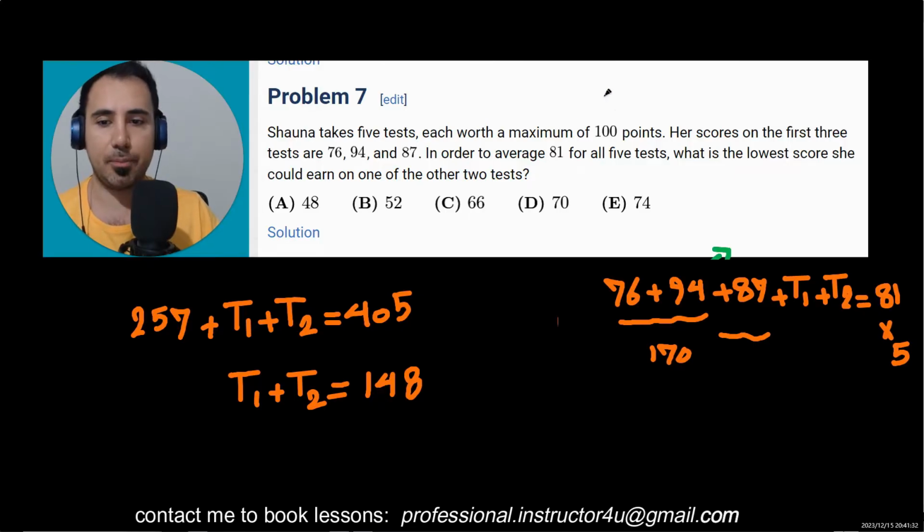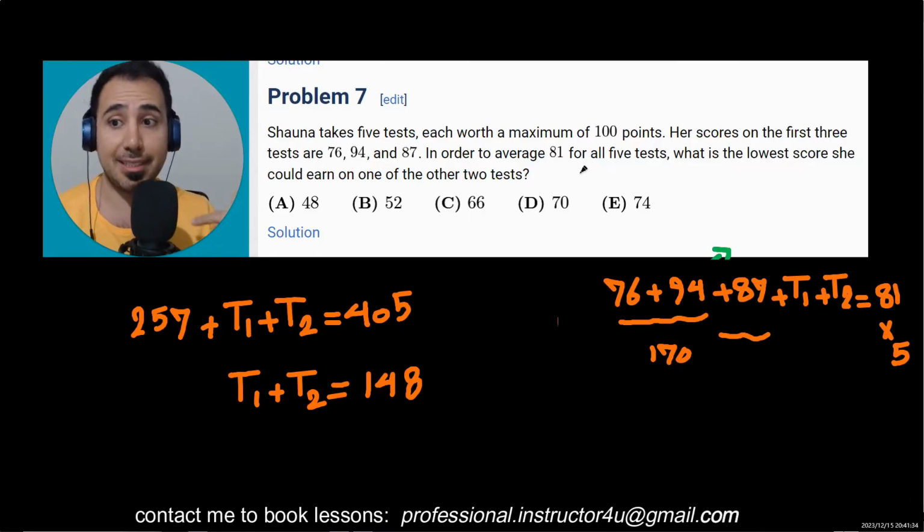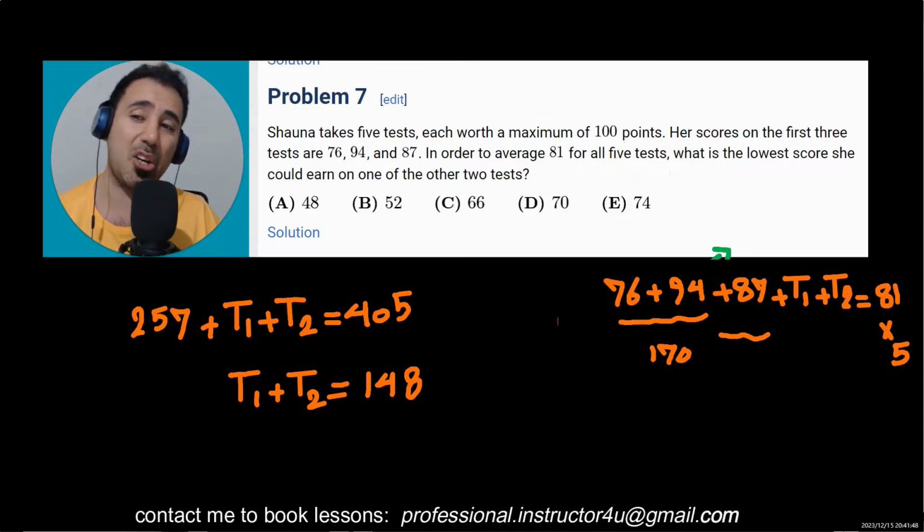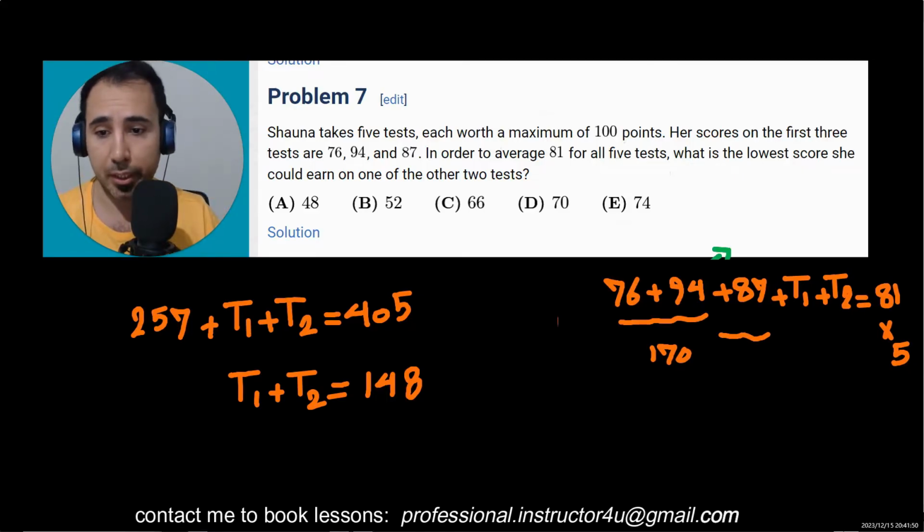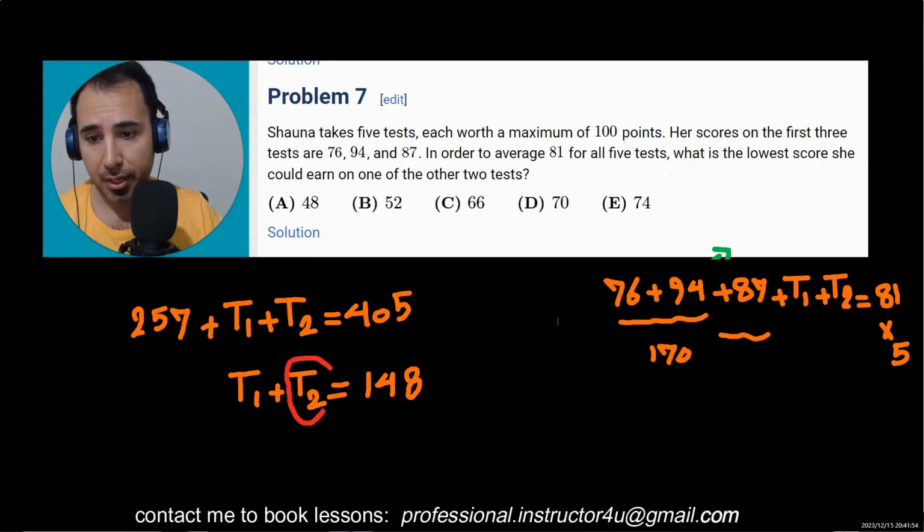Now look at the answer. Do you remember the first example I gave at the beginning? If we want one of them to be maximum, then the other has to be minimum. So if we want to find the minimum, that means the other one has to go really, really high. What is the maximum point of any of these 2 tests? It's 100.